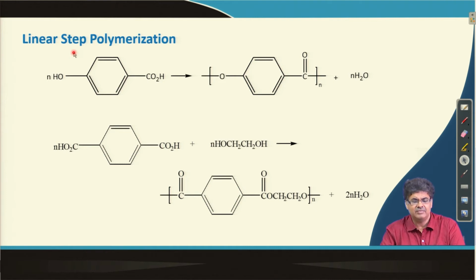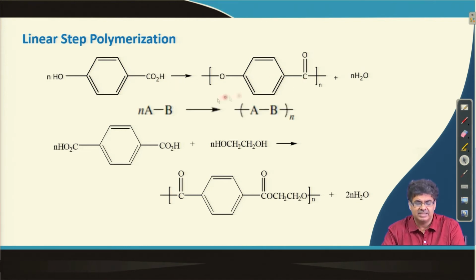Now, we will restrict our first discussion to linear step polymerization, which means we are talking about the polymerization process where F is 2 for the monomers. Now, functionality 2 can be obtained with a single monomer, like hydroxycarboxylic acid, where we have two functional groups in a particular monomer, and it can form a polymer through self condensation.